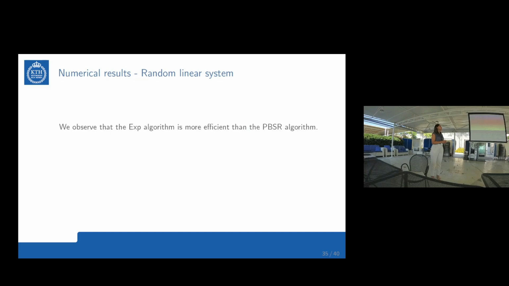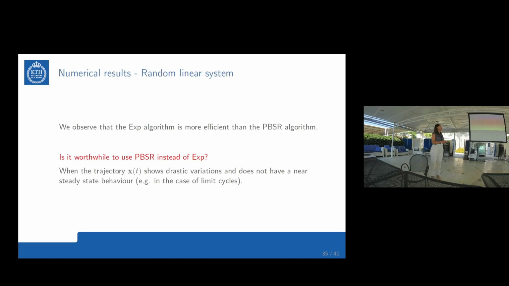So here comes the question, why should we use the Pbsr instead of the exponential algorithm? And the answer is that in some cases it's better, especially when the solution of the nonlinear ODE shows drastic variations in time. So these gradients of f are really non-constant.